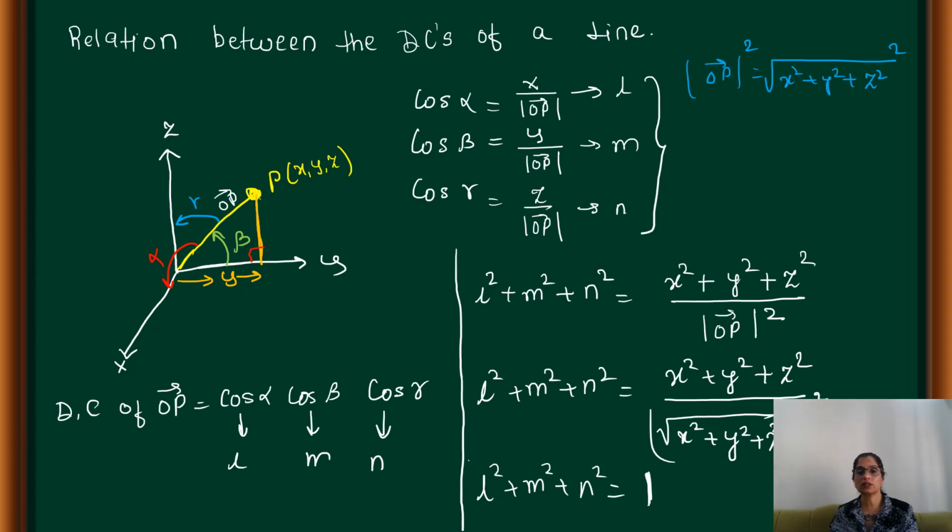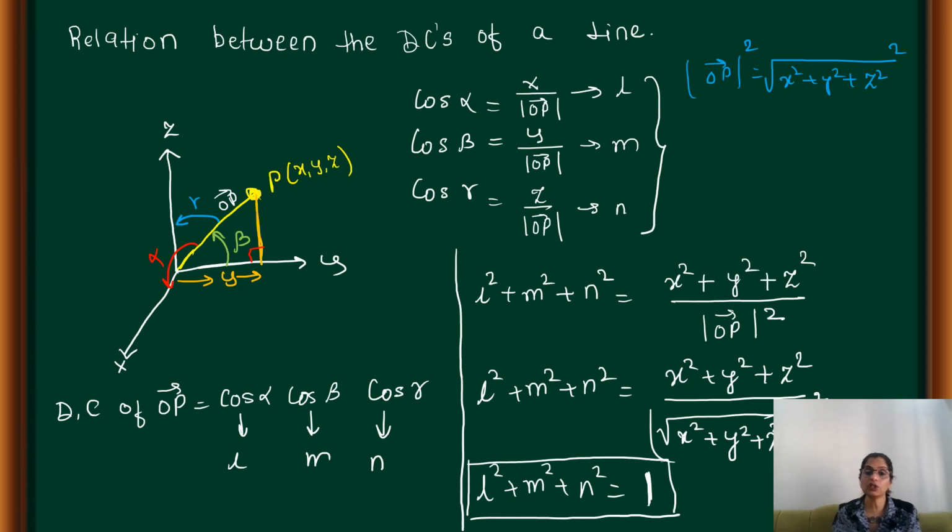This is a relation. It is an extremely important relation. We use this to solve a couple of questions. Have you understood this? So basically, this relation that we have figured is a relation between the direction cosines of a line. What is the relation between the direction cosines of the line? That the sum of the squares of the direction cosines is equal to 1.